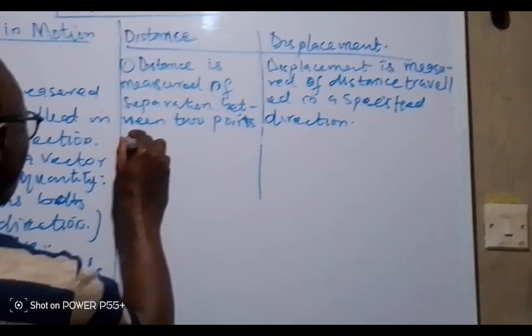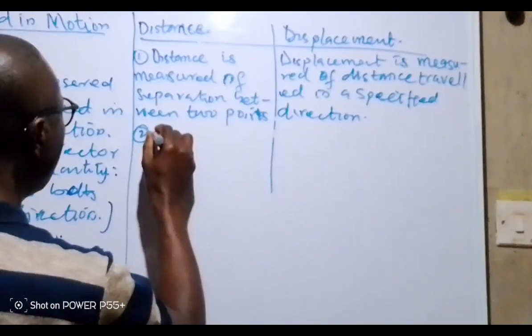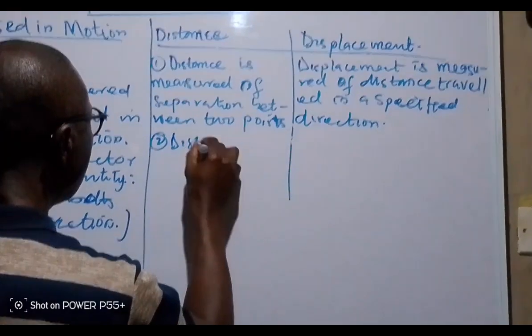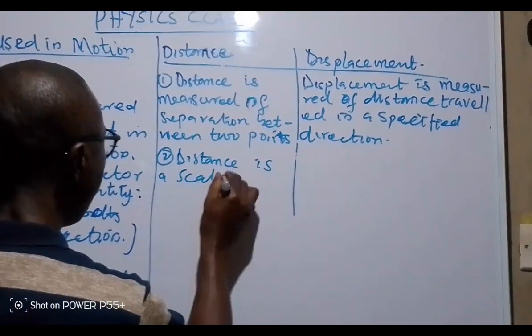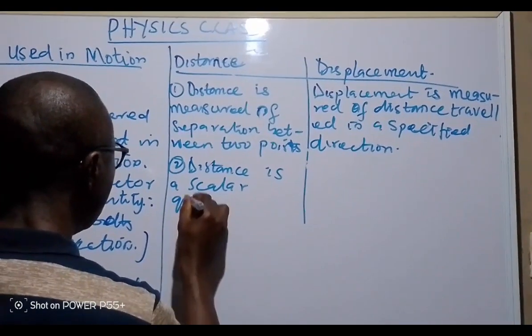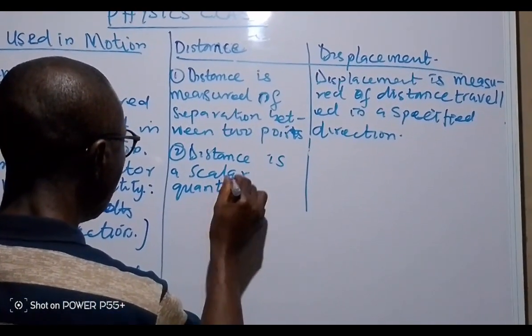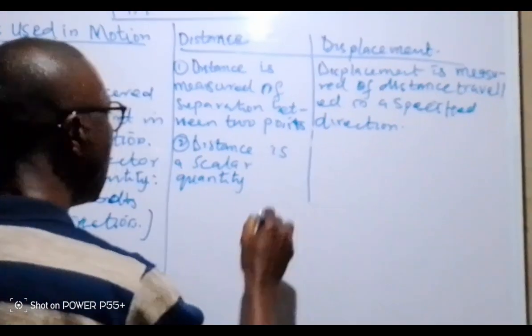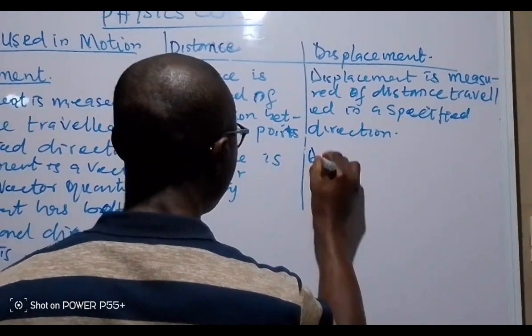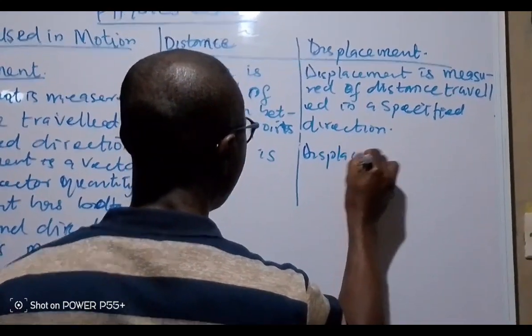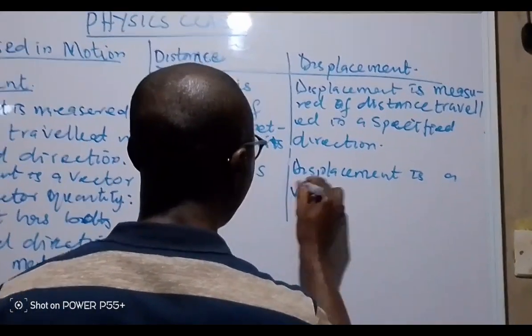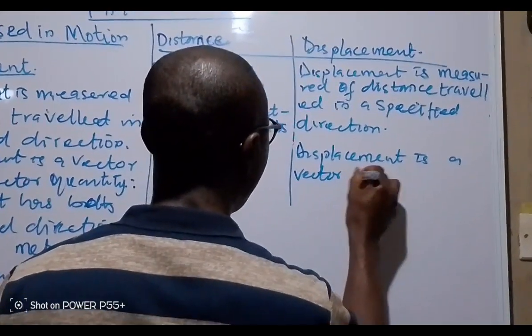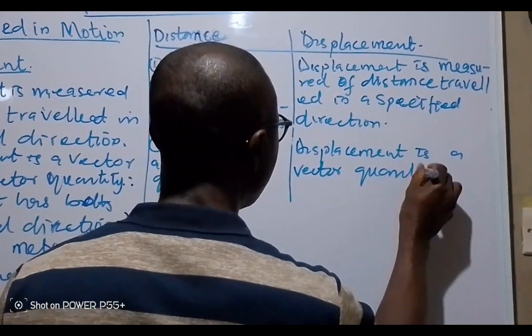Number two, distance is a scalar quantity. On the other hand, displacement is a vector quantity.